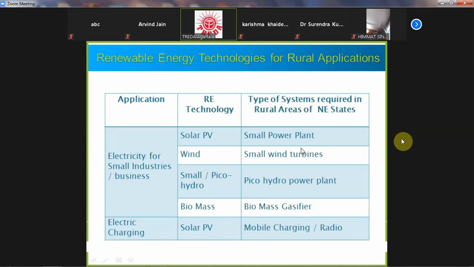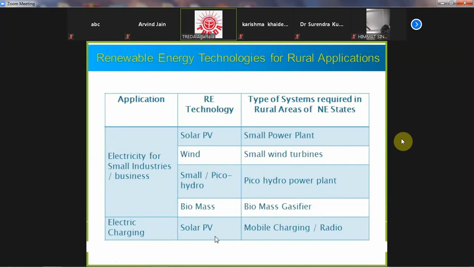We have installed a small solar power plant, which I am showing in this slide, and small wind turbines we can also use. We can use pico hydro power plants, and biomass gasifier plants. I have given the biomass gasification system technology, which we can use in rural areas for generation of electricity and to electrify the local areas.